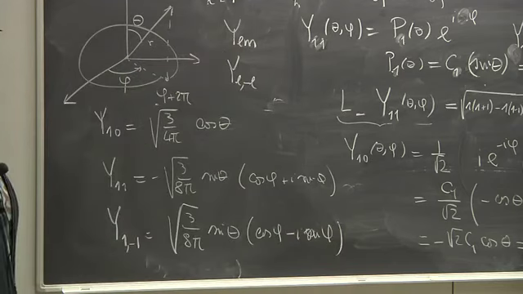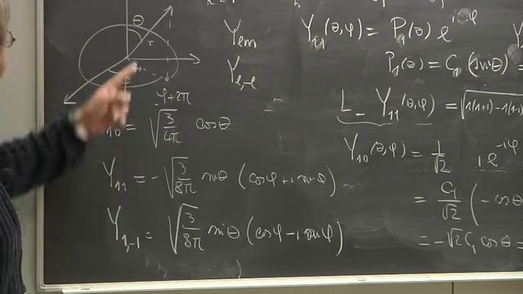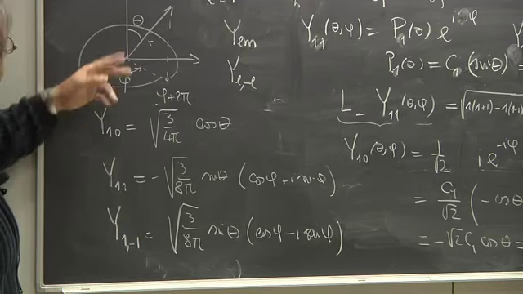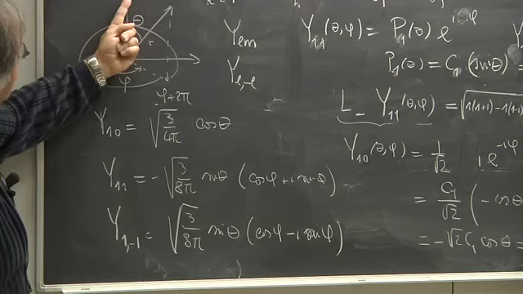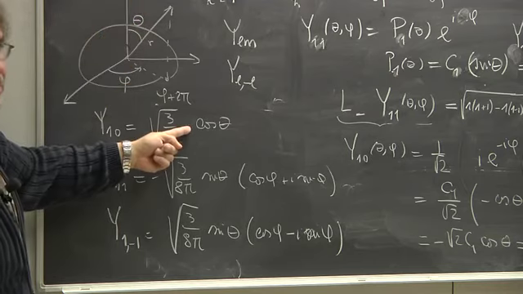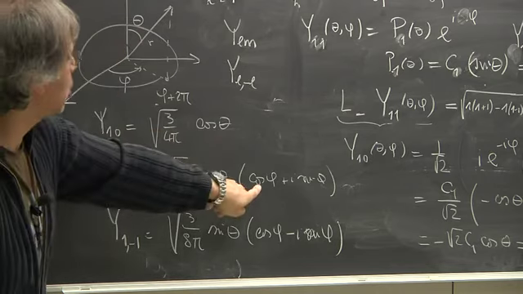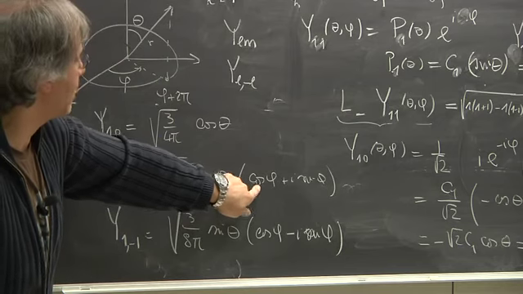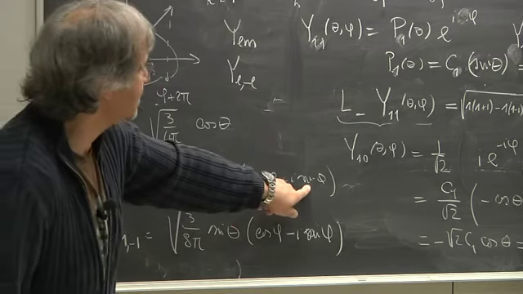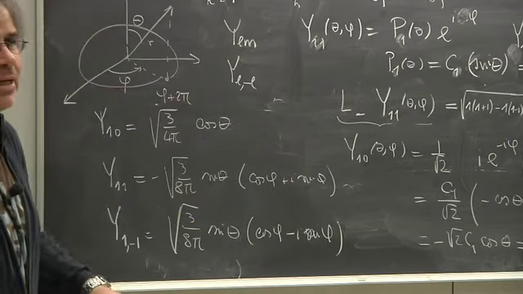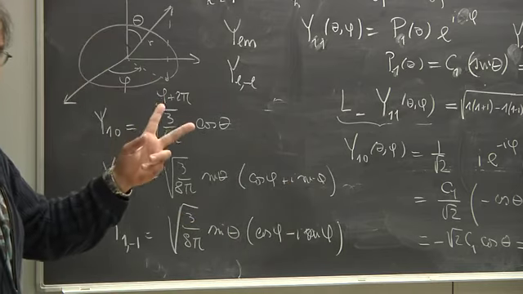You start recognizing a few things. Remember what happens in spherical coordinates. x, y, and z are given by: z is r times cos theta, x is r sine theta cos phi, and y is r sine theta sine phi. So you see that here there are the ingredients of x, y, and z.